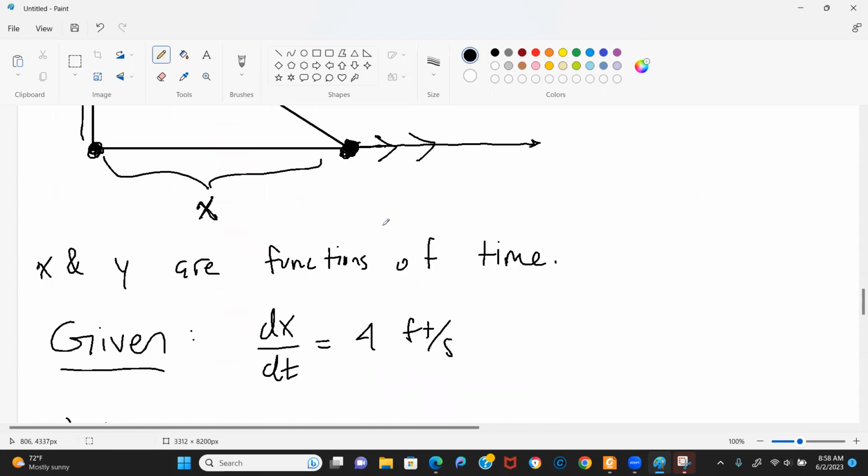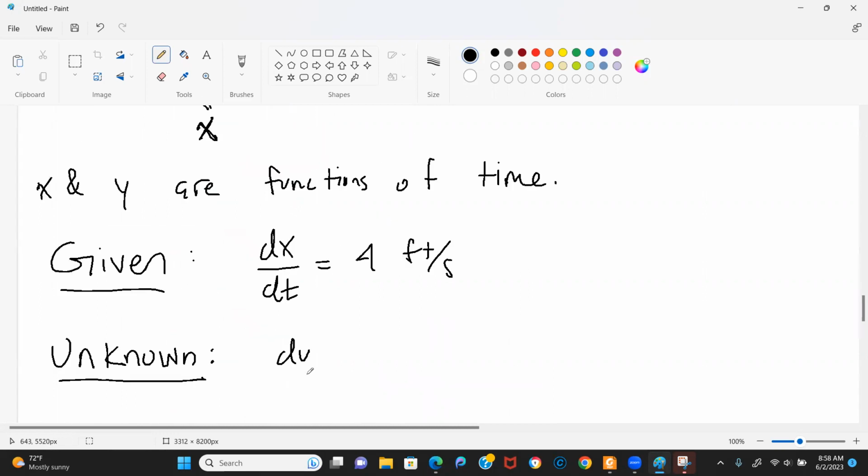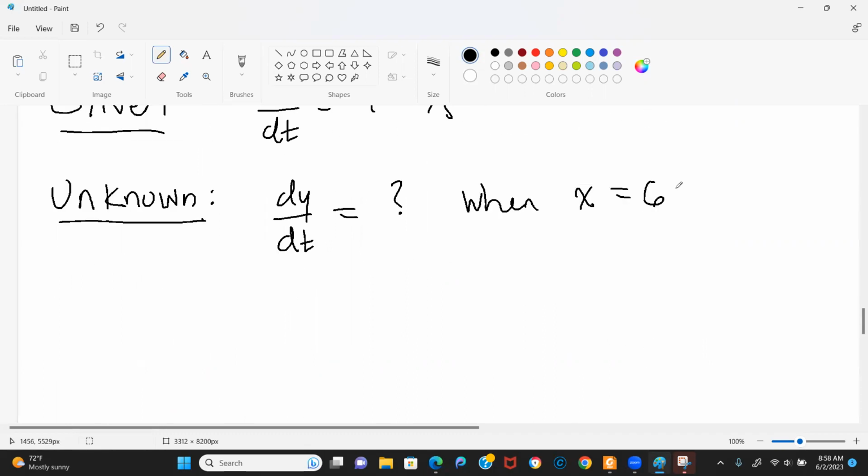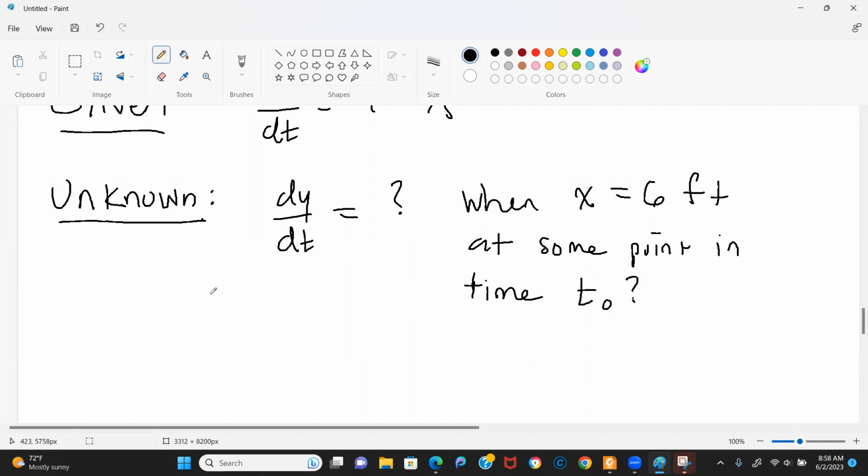So we want to know what dy/dt equals when x is equal to 6, when the bottom of the ladder is 6 feet from the wall at some point in time. And again, you can give it a name if you want, t0. We want to know what this is.